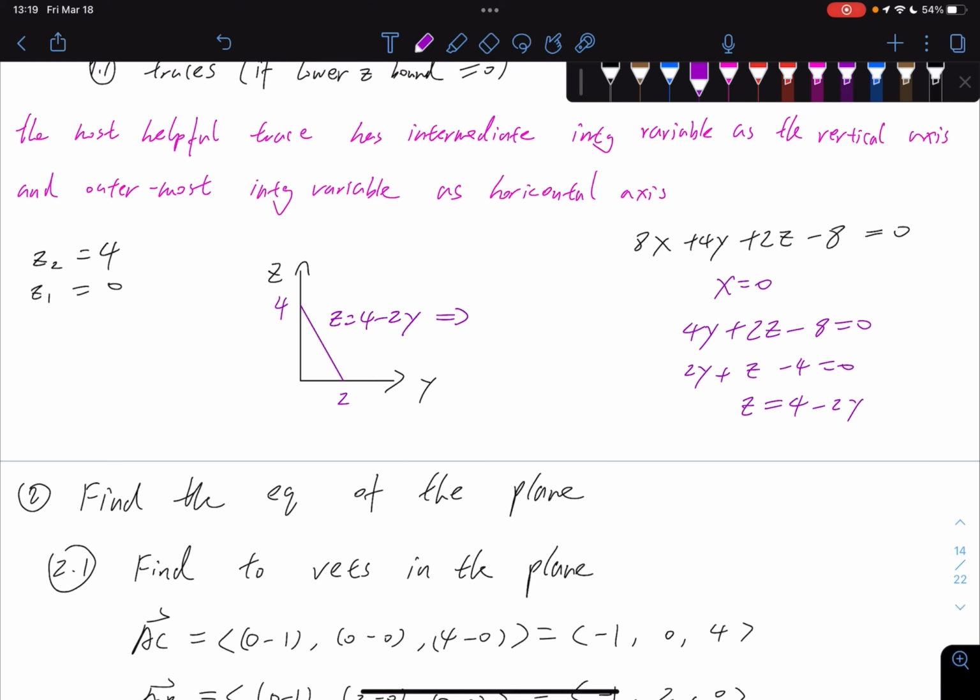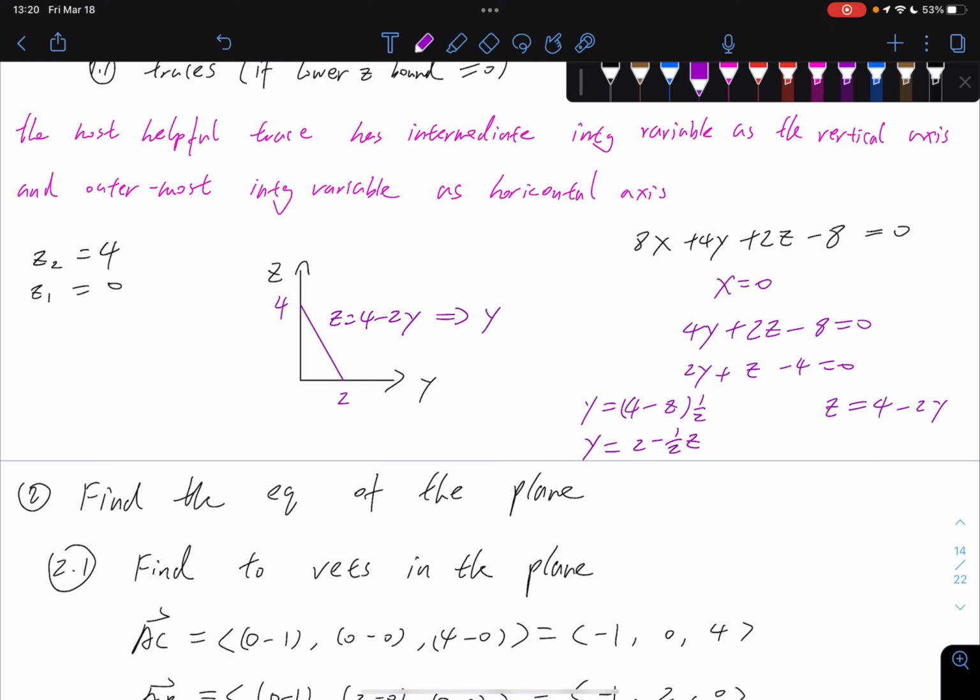That gives y equals 4 minus z, times 1/2, so y equals 2 minus 1/2 z.